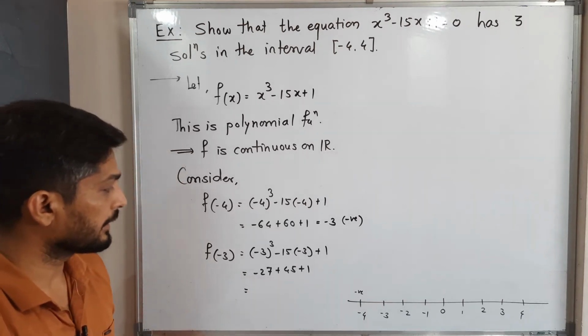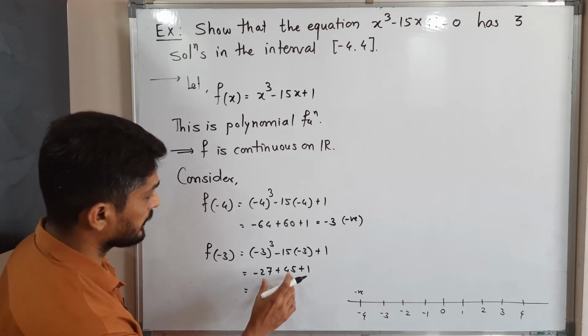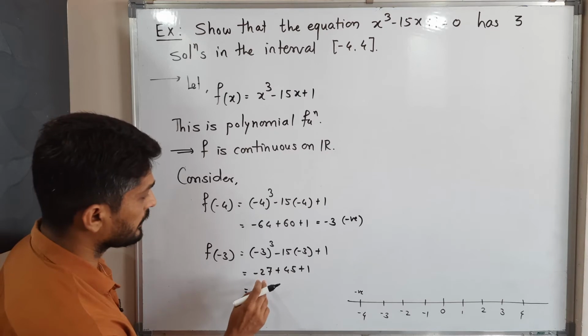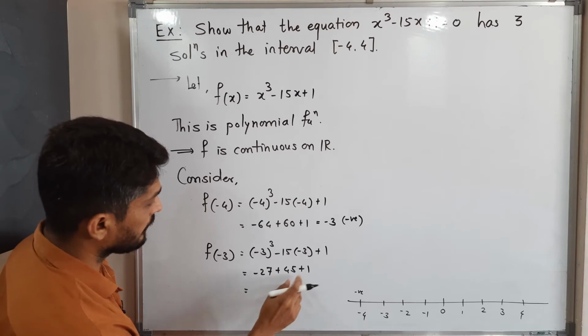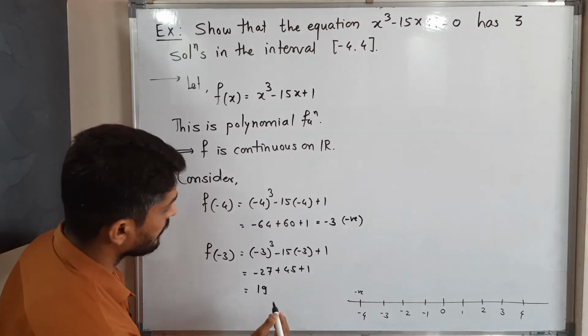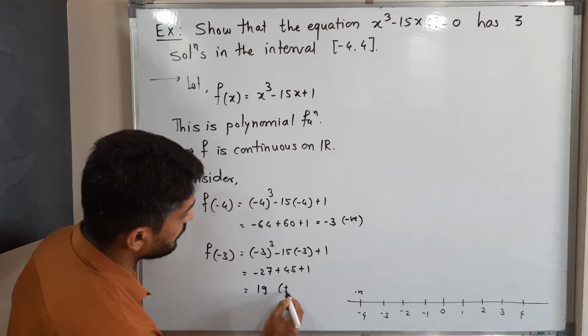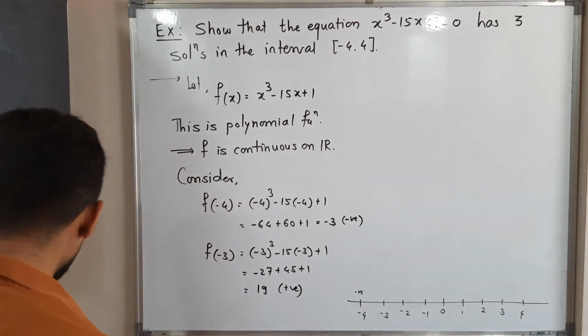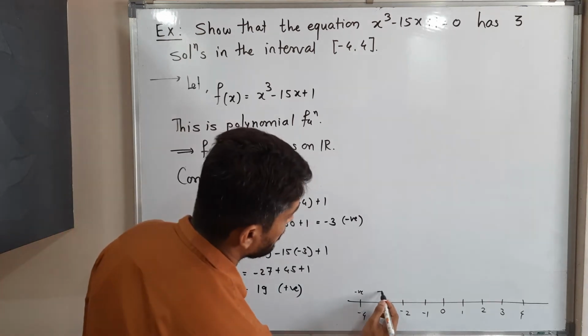So 45 minus 27 will be 18, plus 1, 19. Yes, it is 19. So it's positive. At minus 3 we get the value 19, so we have a positive value here.